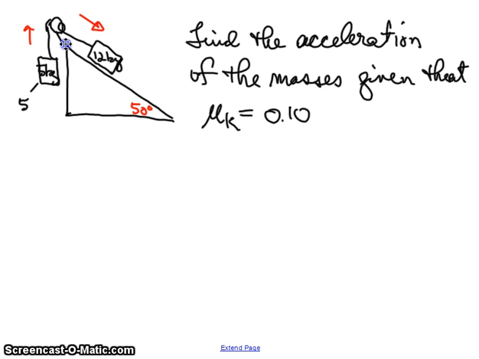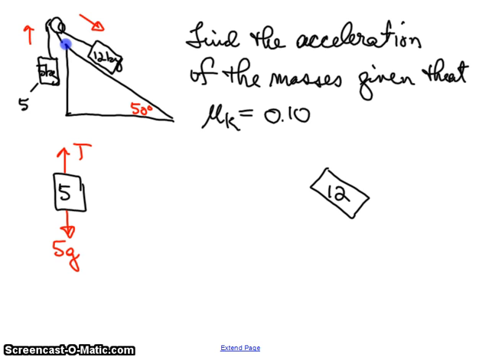So again, the first thing we're going to do is draw free body diagrams. And for this one, we have the 5 kilogram, and then we have the 12 kilogram. Now, as you noticed on the previous videos, on this one we have a tension going up and a weight going down, which I'll label as 5g.